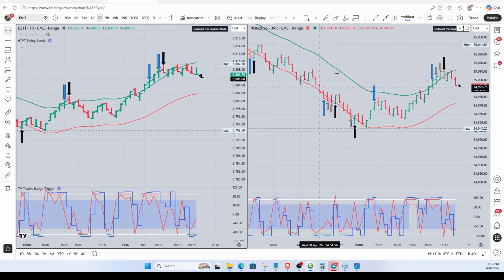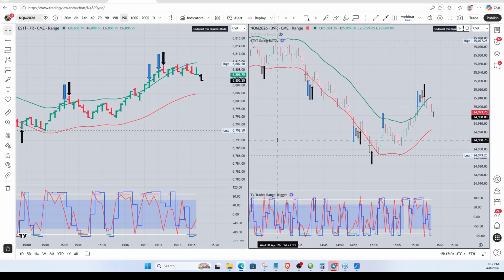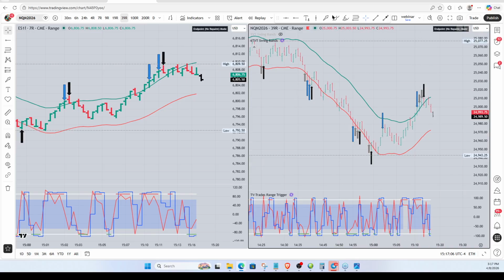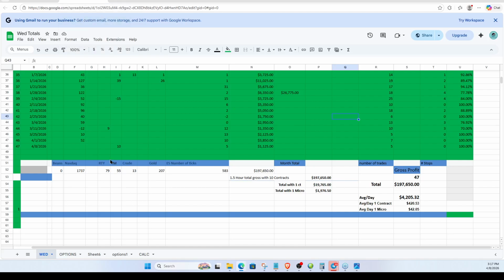But what I think is happening right here is we're in a bigger move down, and this is the retracement leg of the bigger move down. See, it's going like this. This is what I think is happening right here. So we just got 10 more on the NQ. 10 there. Add 1 more over here.